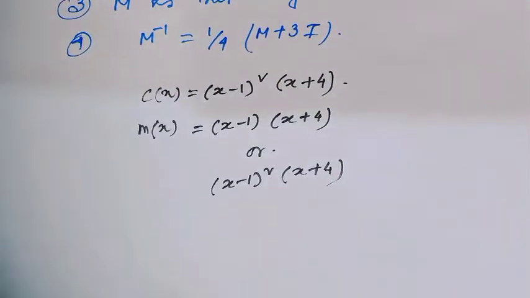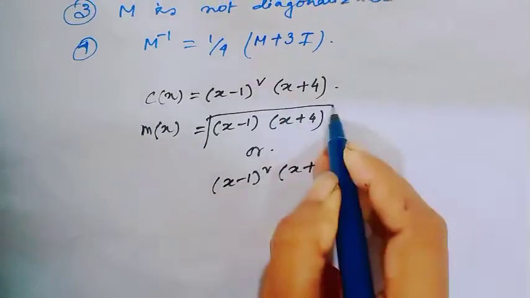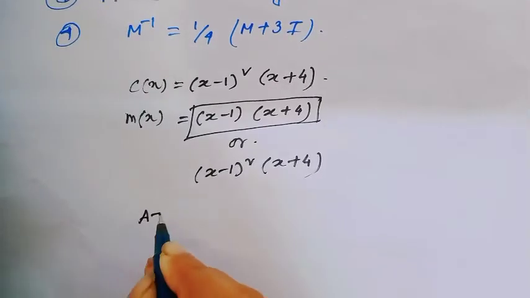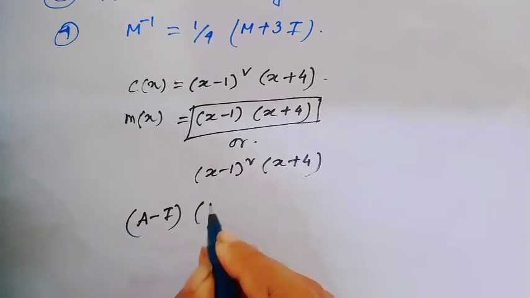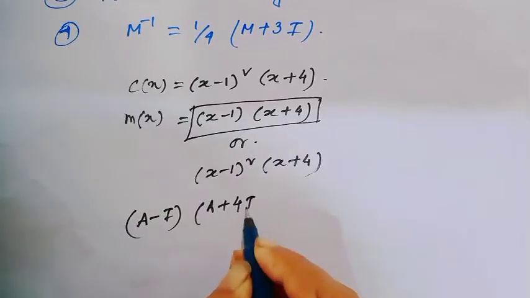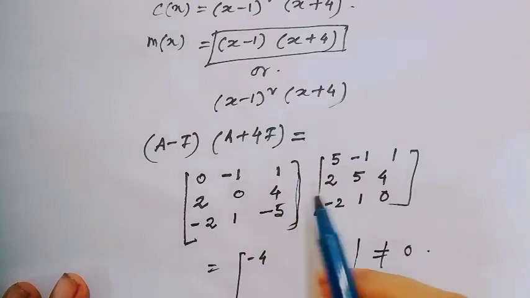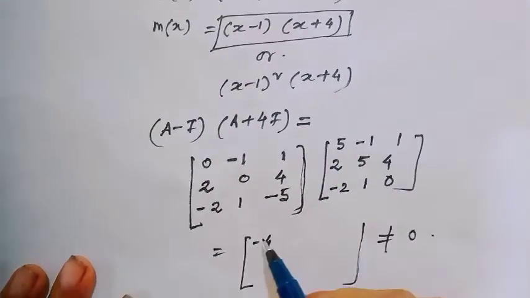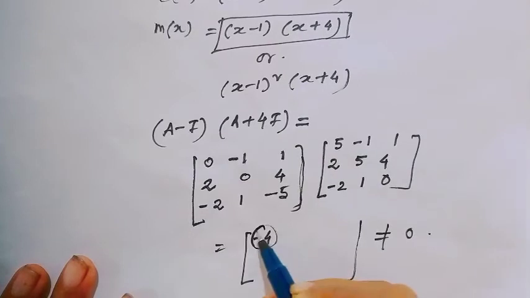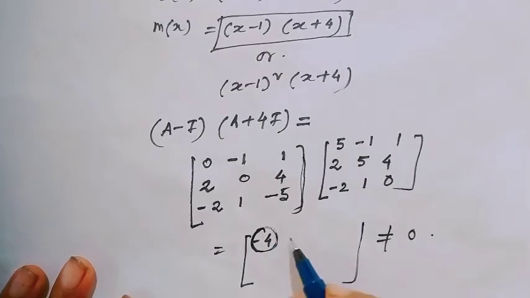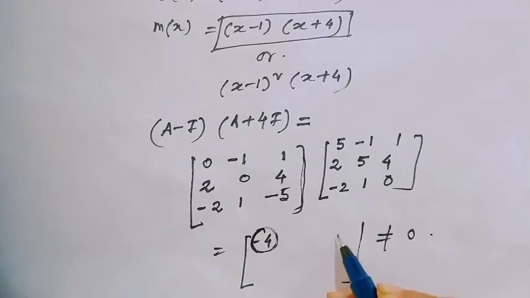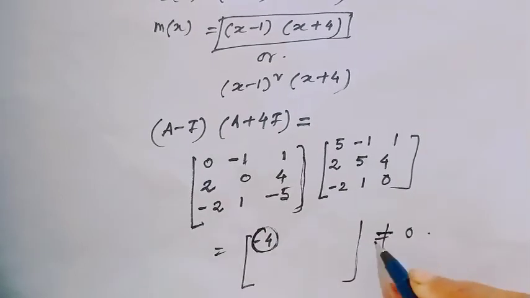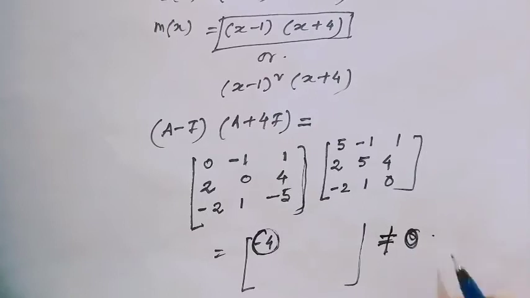At first, calculate x minus 1 times x plus 4. That means calculate A minus identity times A plus 4I. After calculating, notice the first entry would be minus 4. I will not calculate the other part, because this matrix cannot be the zero matrix.